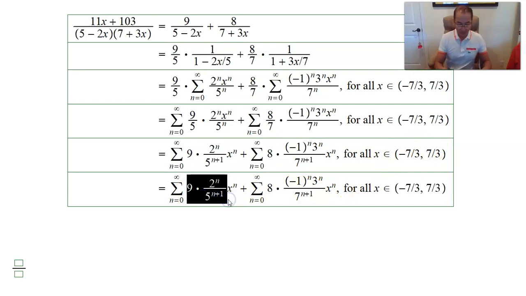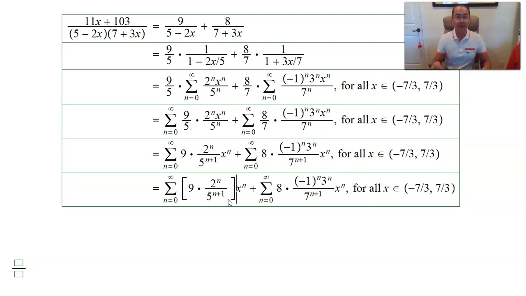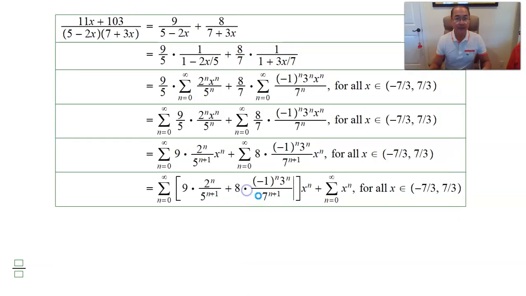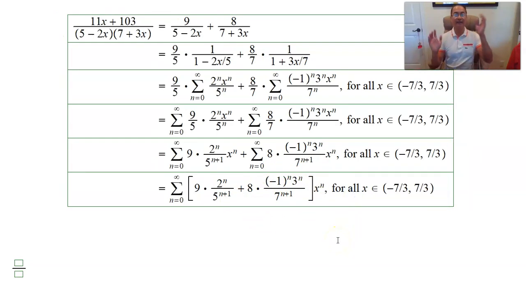We will have a single coefficient, that's the c sub n, x to the n, and we will add the other coefficient, this is the d sub n. Add those two coefficients together, and that becomes our single representation. And the domain, of course, is going to be from minus 7/3 to positive 7/3.